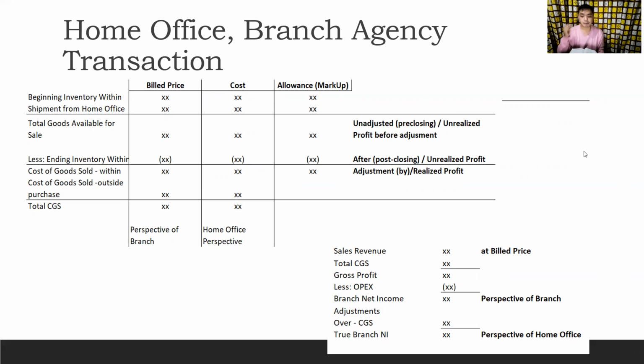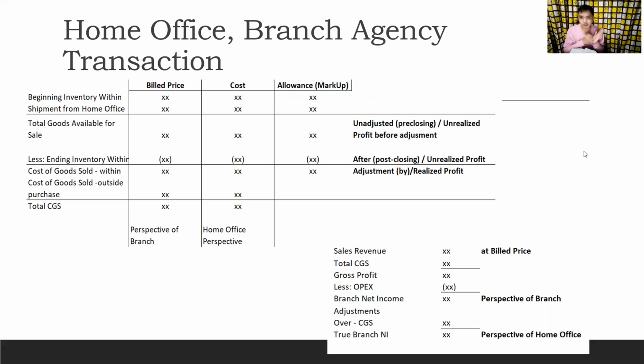Unrealized profit before adjustment. Less ending inventory within. Inventory within is different from total inventory, because within is only inside the transaction between home office and the branch. So less, it is the after post-closing unrealized profit.